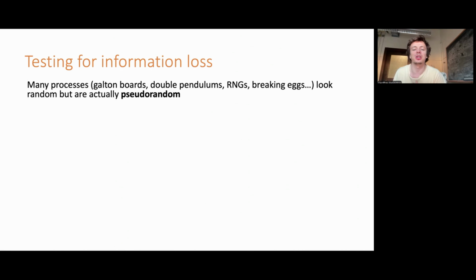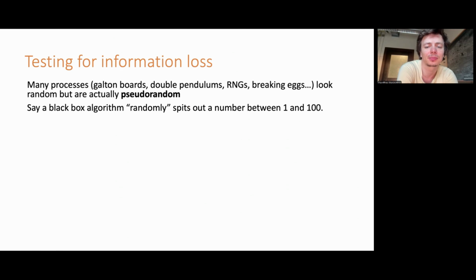Random number generators in a computer appear to be random, but they're actually computed by some deterministic process. And of course, even the breaking egg I showed at the start of this presentation looks like a very random process, but actually it's completely determined by the initial conditions.